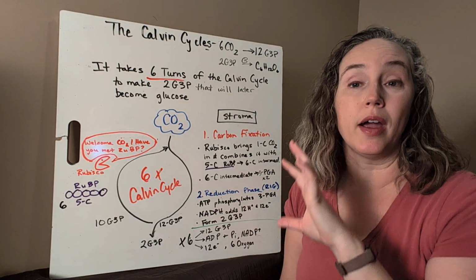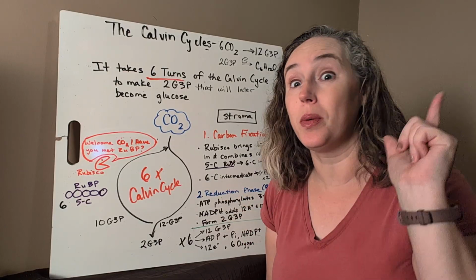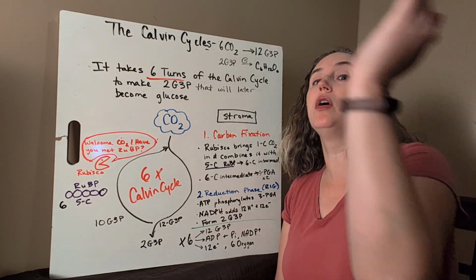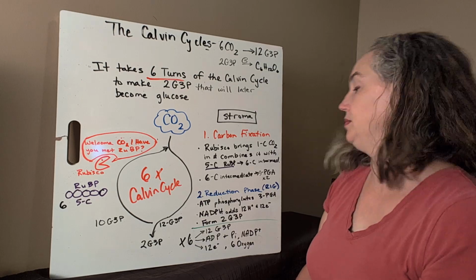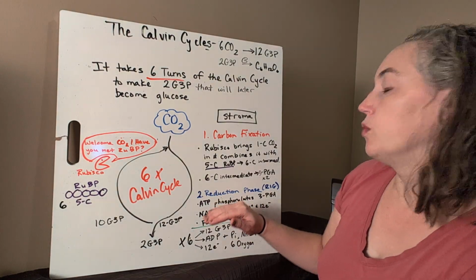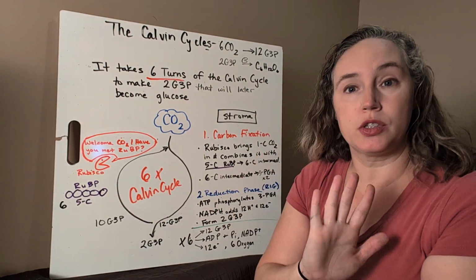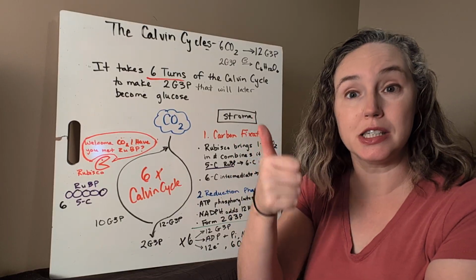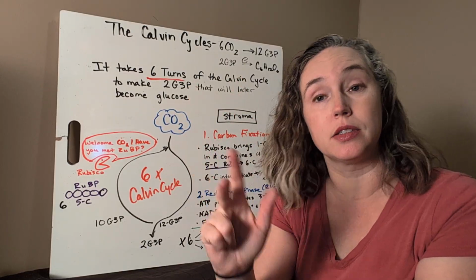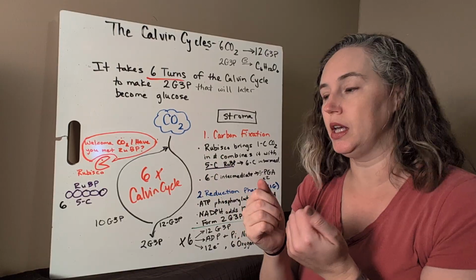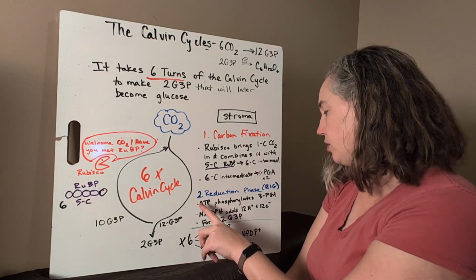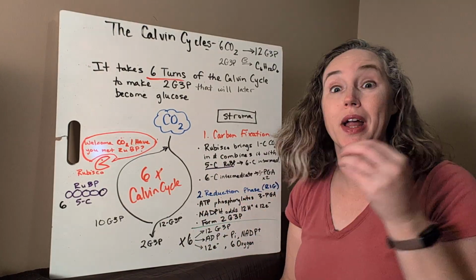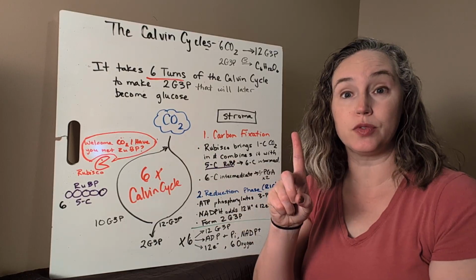So this is when our ATP and NADPH that we made over in the light reactions join the Calvin cycle party. So remember, we're going to call this the reduction phase. So flashback to our chemistry class, reduction is gaining electrons. So ATP is going to phosphorylate, or stick a P on it, right?